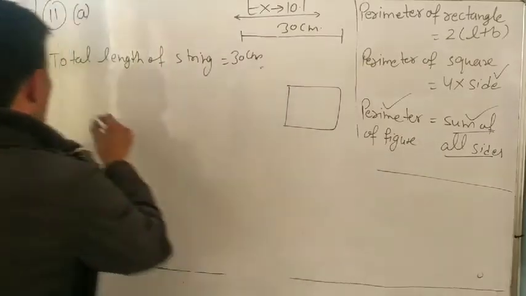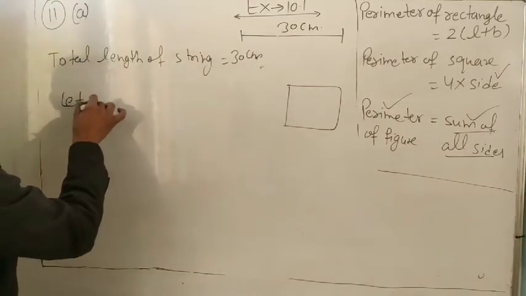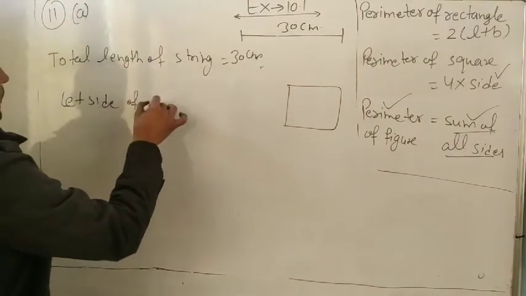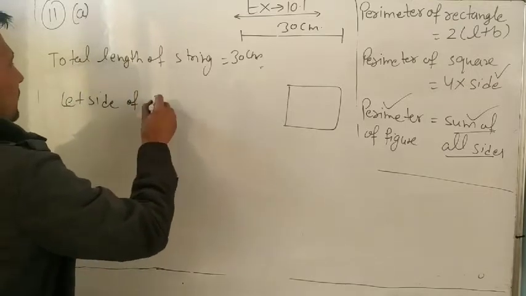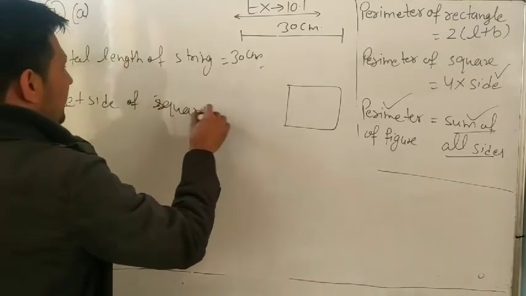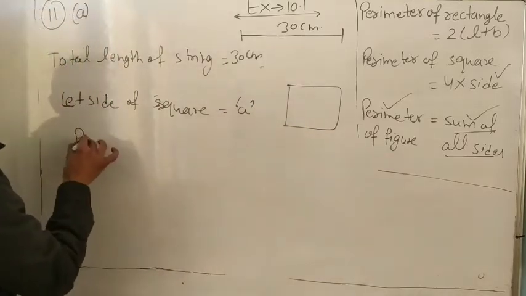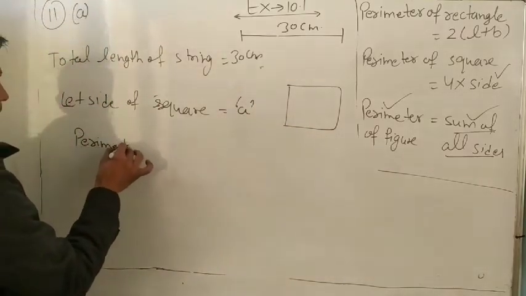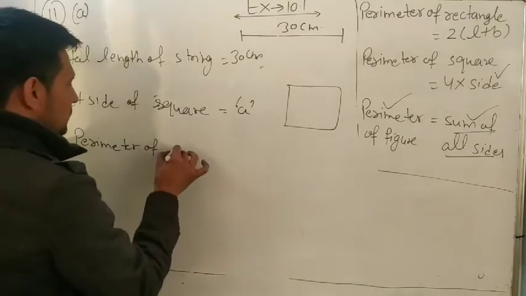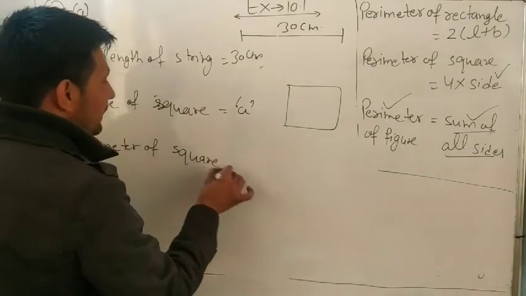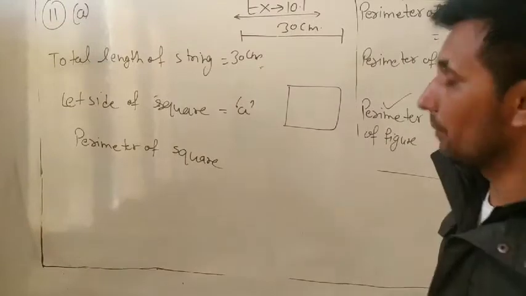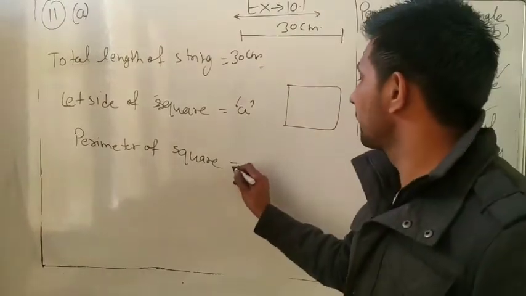So write, let the side of the square be A, because we are making A. So always, perimeter of square. How much is the perimeter of this square?